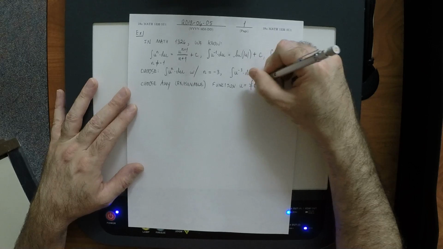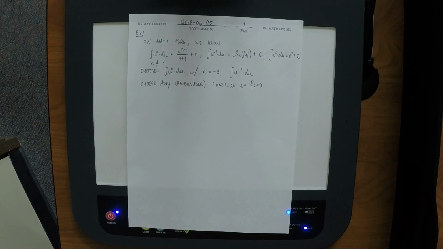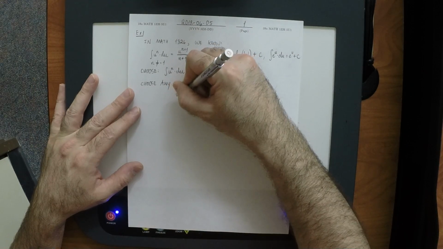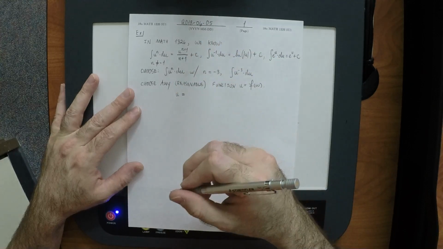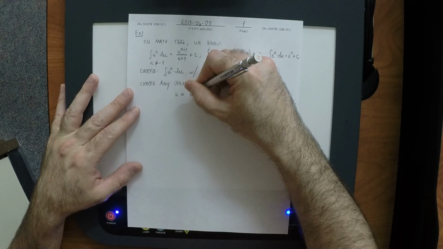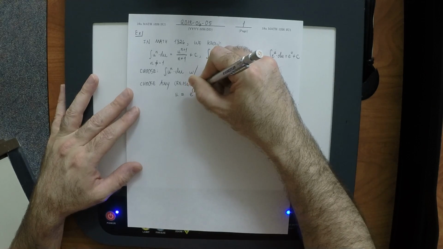u is some function of w. Now we just want to pick something that's mildly entertaining. A function u of w. So how about, say, u is exponential of, say, u squared.